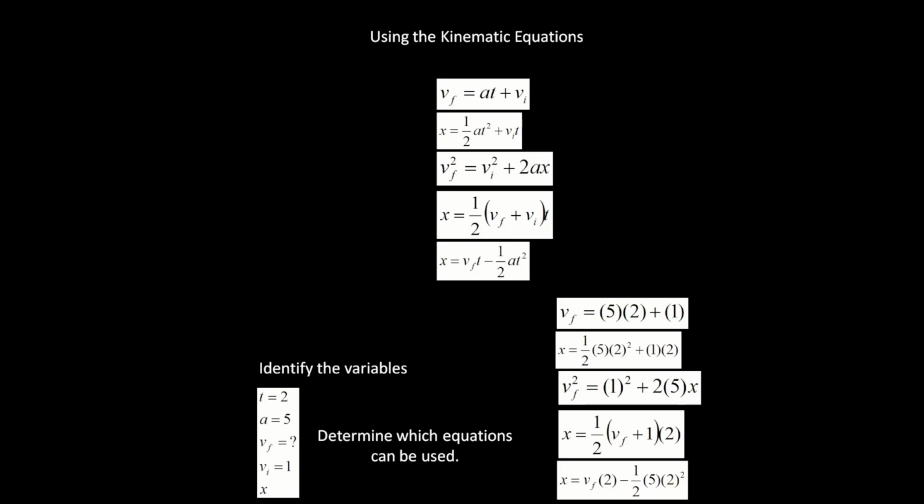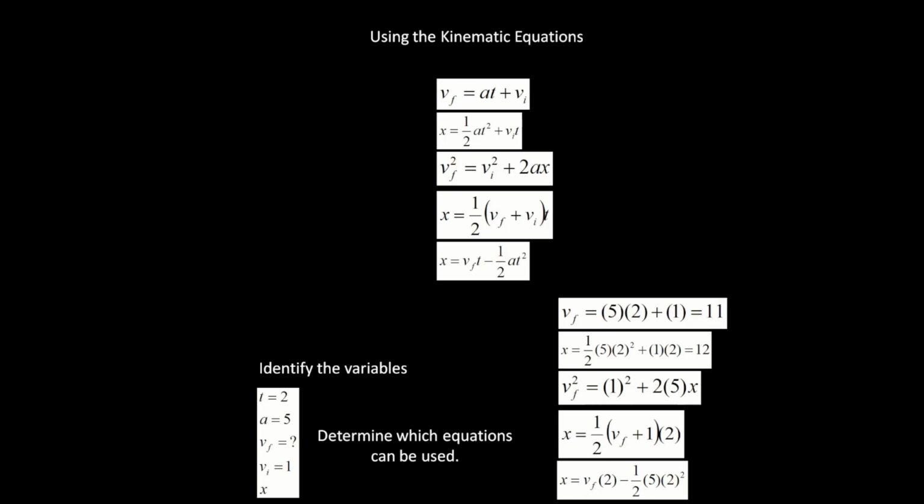A very rigorous way is you could just plug in all of the numbers into all the equations and just see which one gives you an answer. So if you wanted to be really thorough, and if you're not sure which one to use, you could do this. Plug all the numbers into all of these, and only certain ones will give you an answer.